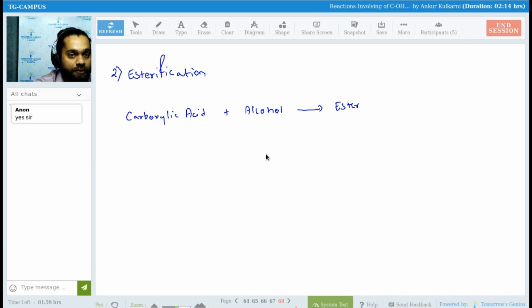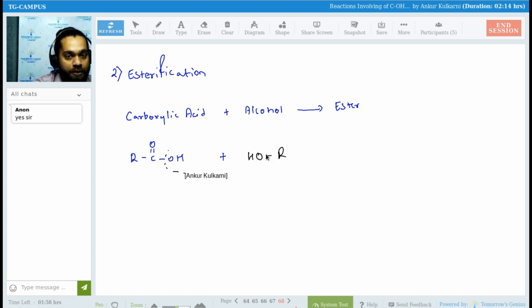So the carboxylic acid is RC double bond OH, and the alcohol is what? What is the functional group of alcohol? Alcohol is OHR.